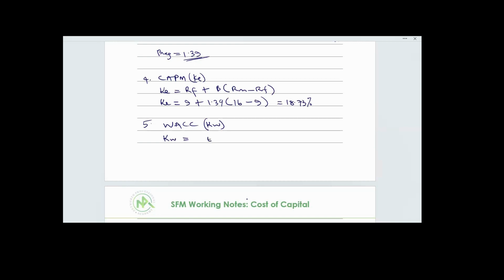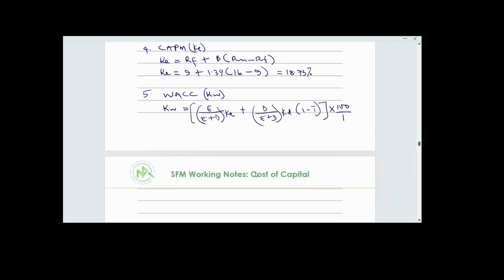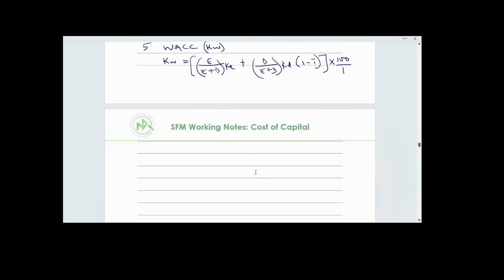Therefore, I will have equity value over equity plus debt, times cost of equity, plus debt value over equity plus debt, times cost of debt, times 1 minus tax. So this is the formula for calculating weighted average cost of capital.